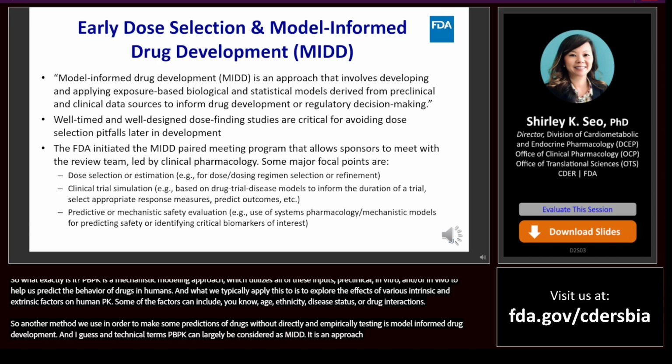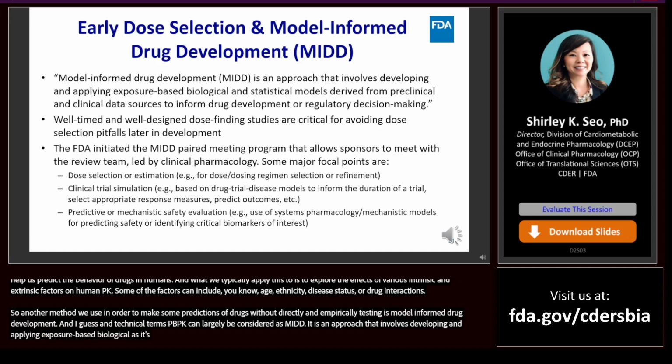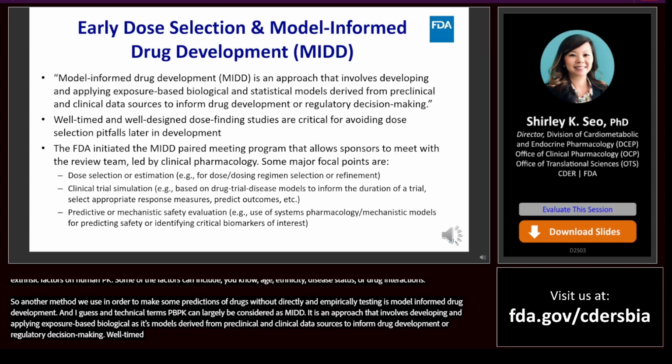So it's a pretty broad umbrella. And also having well-timed and well-designed dose-ranging studies or dose-finding studies are important for avoiding dose selection pitfalls later in development, and MIDD can help with these dose selection type of issues.